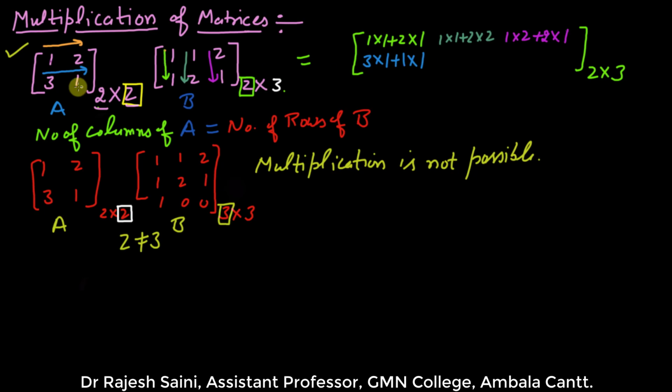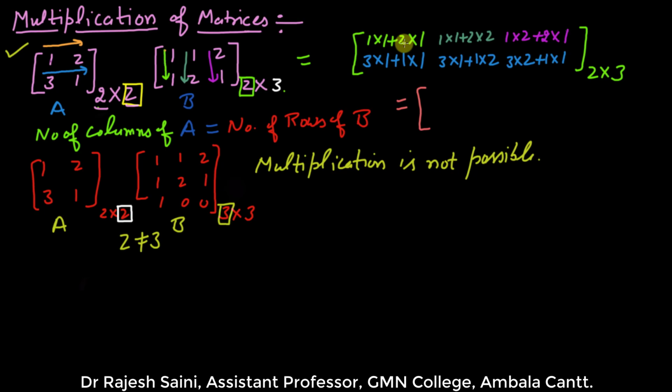So it will be 3 into 1, plus 1 into 2. Next this row will be operated with the pink column. 3 into 2 plus 1 into 1.